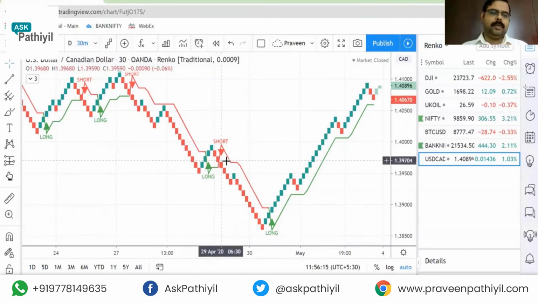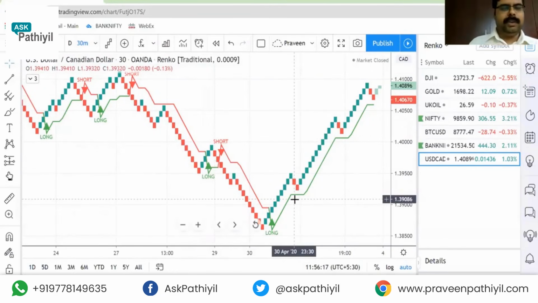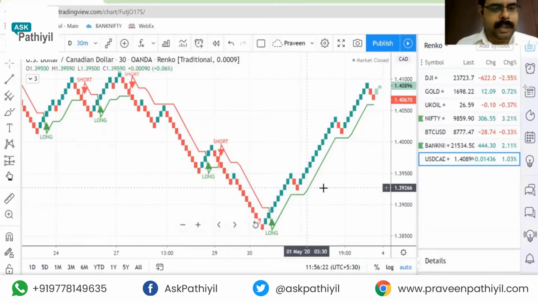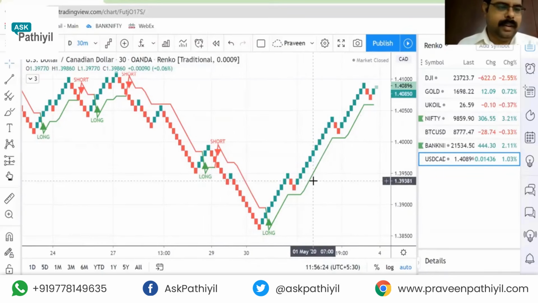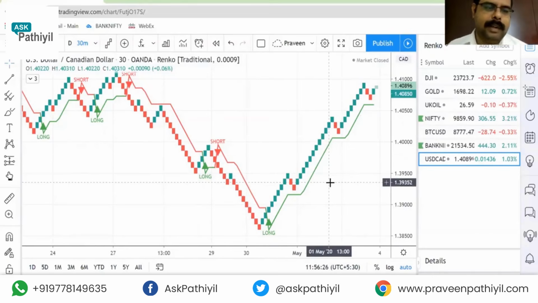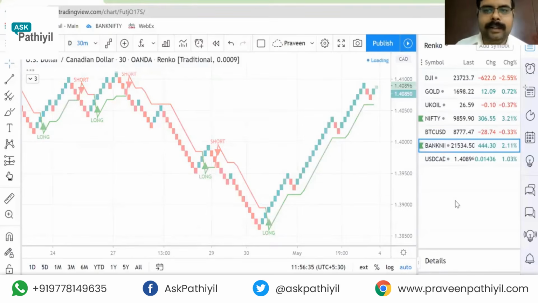Probably players who are into the Forex market will be using 5 minutes or a 10 minutes brick size, or the 5 minutes time frame or the 10 minutes time frame. So I know that people are there who love to take a options trade with respect to that of Bank Nifty in India.